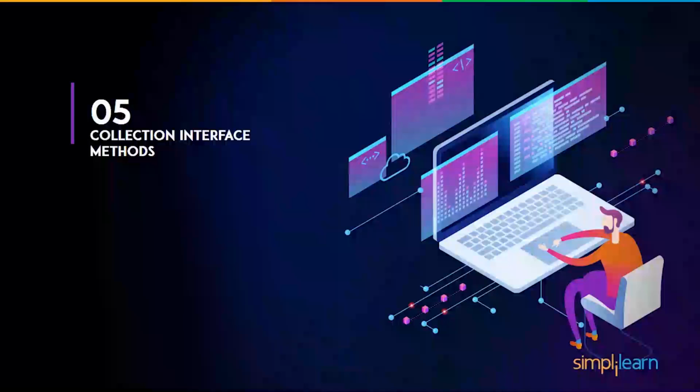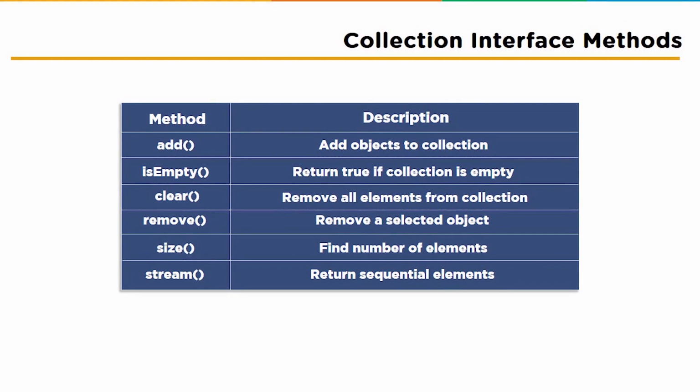Now let's move ahead into our next topic, which is the Java collection classes. So now that we have finished the Java collection interfaces, let us have a quick understanding of Java interface methods. So the first method is the add method. The add method is used to add an object to the collection, and next is the isEmpty method.